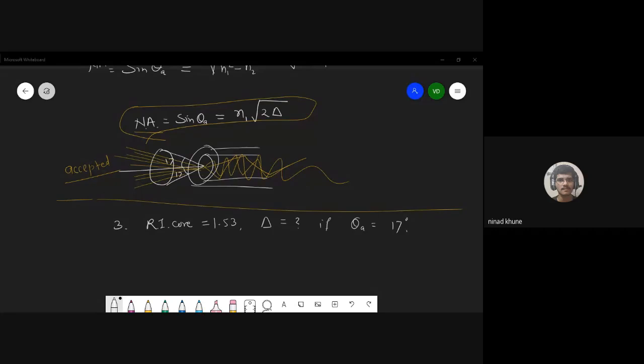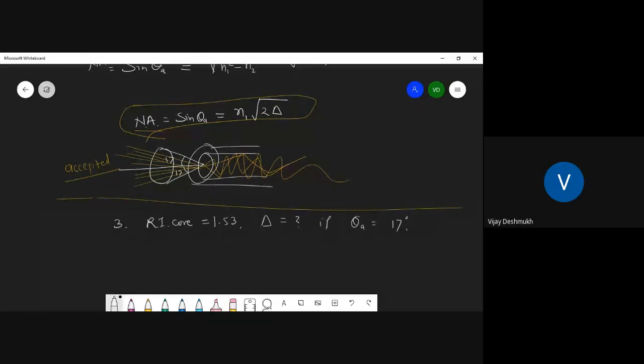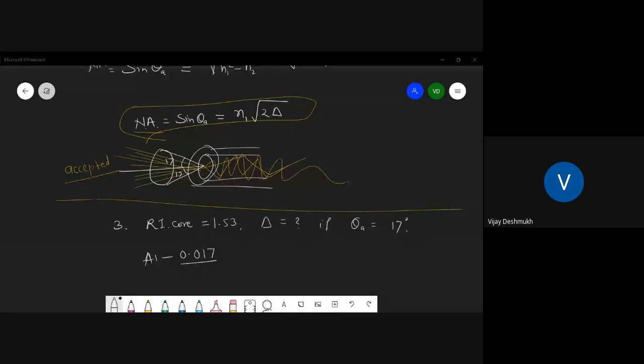So 0.017. Okay, let me write this answer first. There is one answer: 0.017. If anybody has any other answer, please let me know. I'm not saying that this is the correct answer. So let us check.